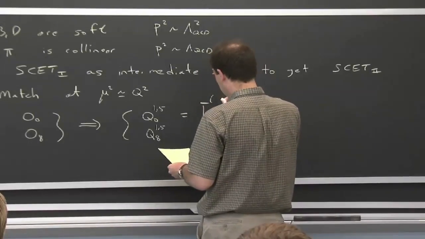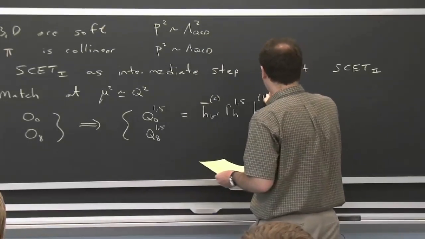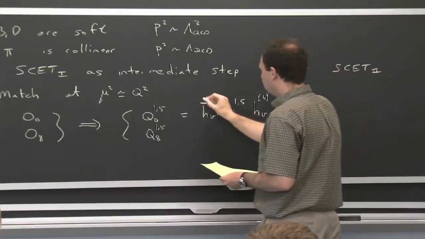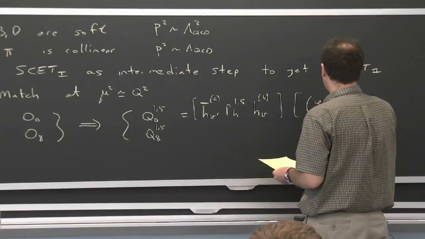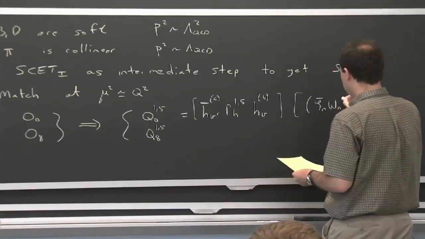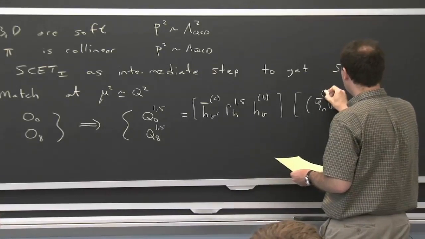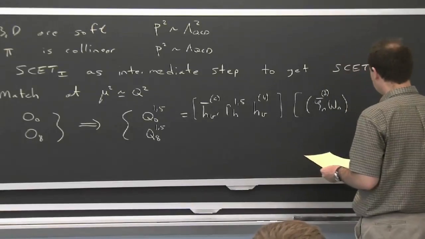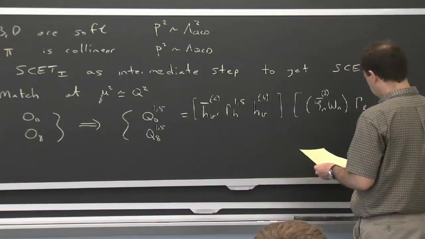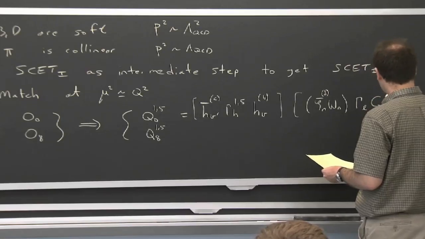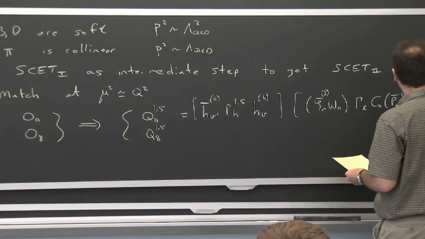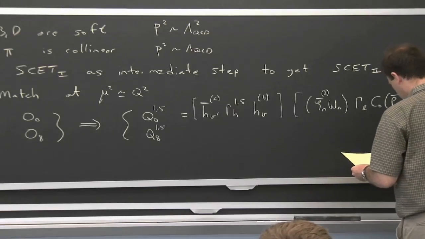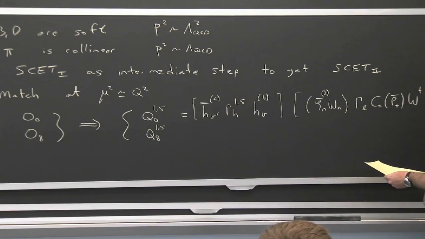So we have heavy quark fields, charm and bottom. We can imagine that type of operator. And then for the collinear part, we can dress it with the Wilson line, as always. And let me put the flavor upstairs. And let me put in the most general Wilson coefficient that I can think of for this process.